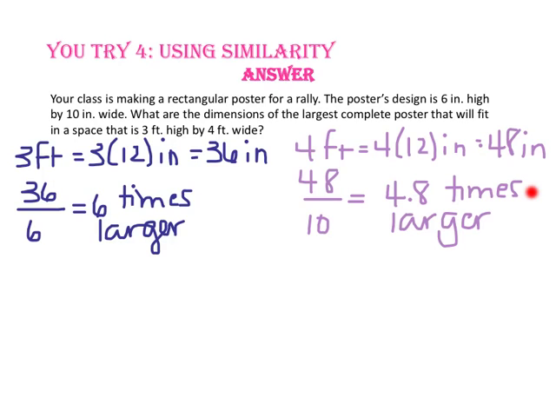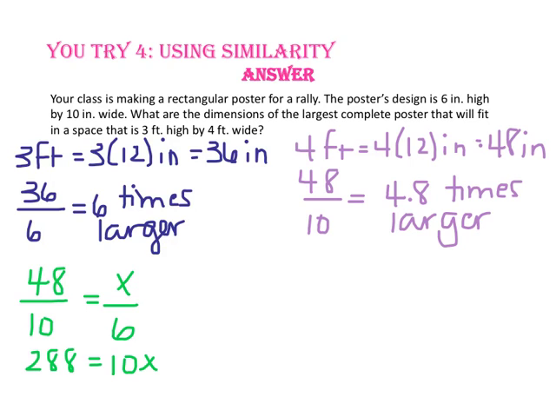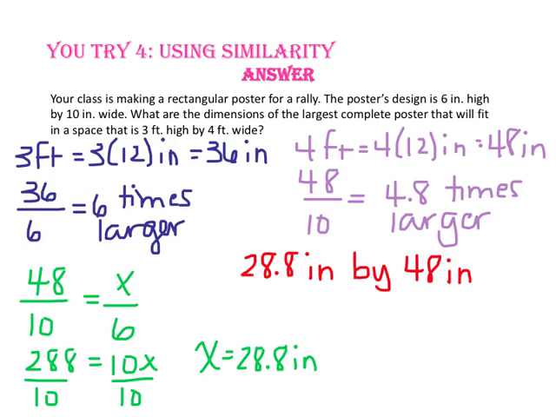Since the greatest enlargement is 4.8 times larger, we will use this ratio in our proportion. Using cross products property, we will get 288 equals 10x, divide both sides by 10, and x equals 28.8. So the largest poster that will fit in our available space is 28.8 inches by 48 inches.